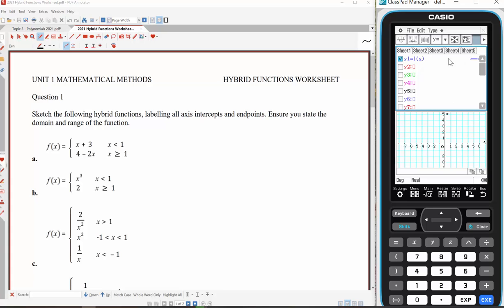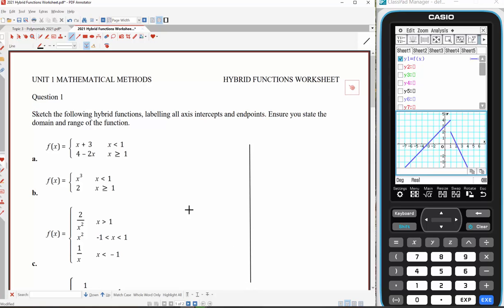F of x will be that hybrid function. You could copy the whole thing over or just go graph f of x for me, please. And there it is. So that's what our hybrid function is going to look like, or that will be our target.